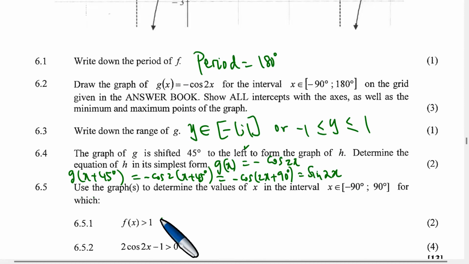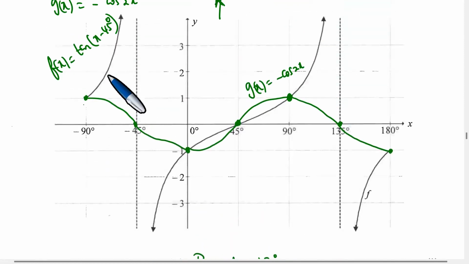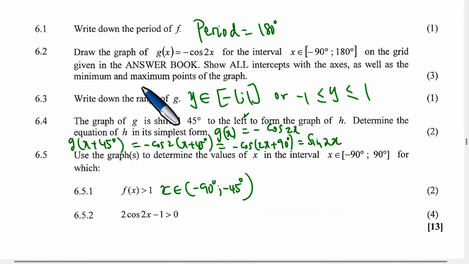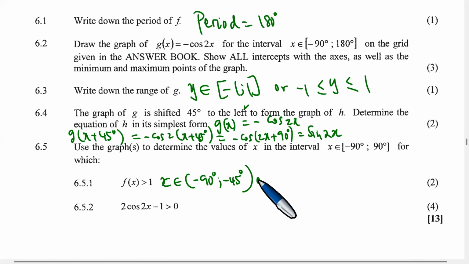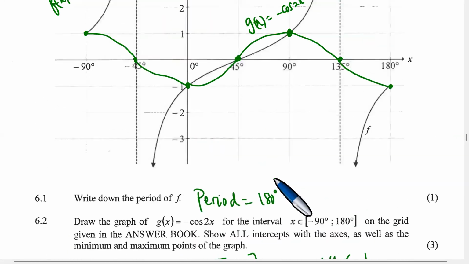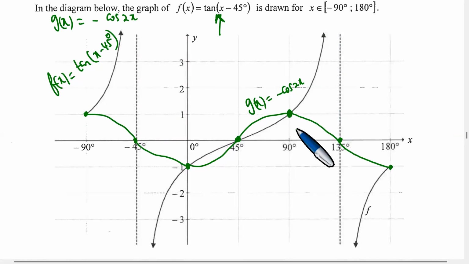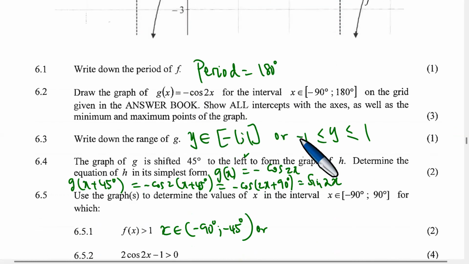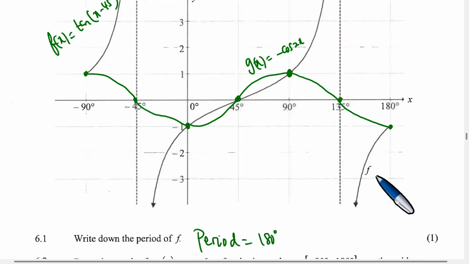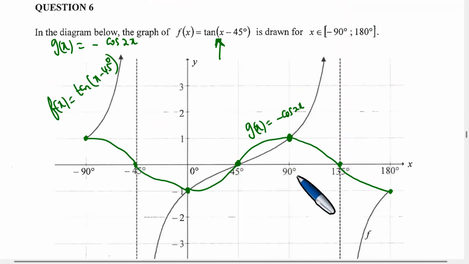So when x is an element of the interval from -90 degrees to -45 degrees, the function is going up. But obviously we are confining ourselves between -90 and 90. So we are looking at things from here to there.